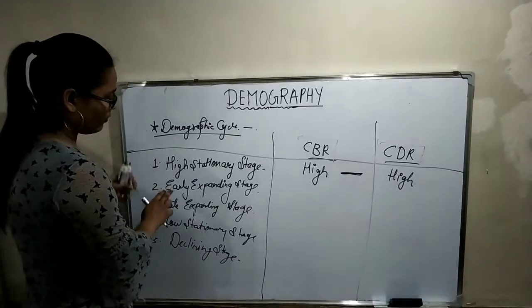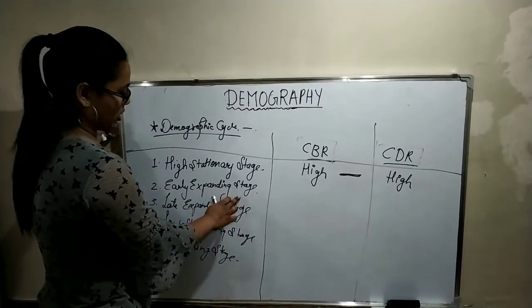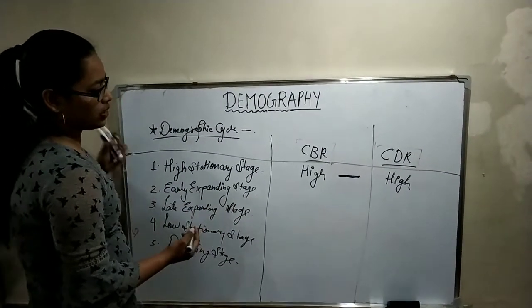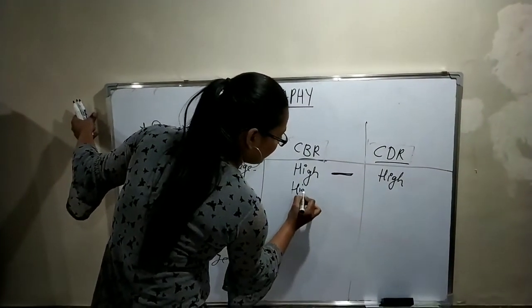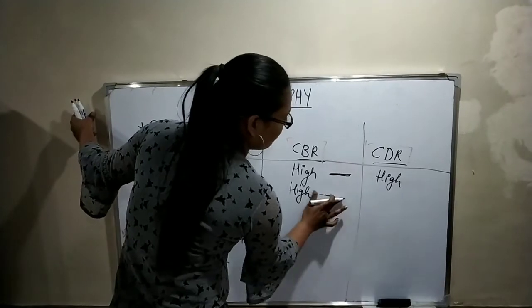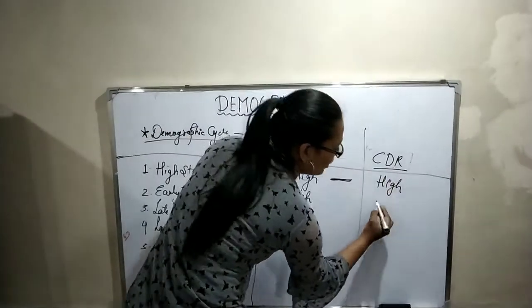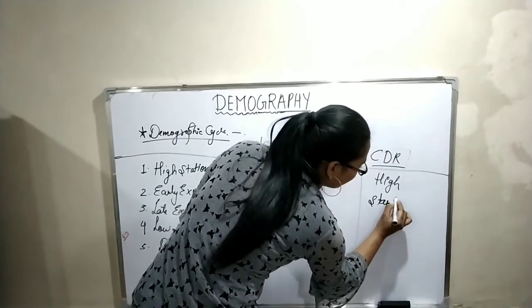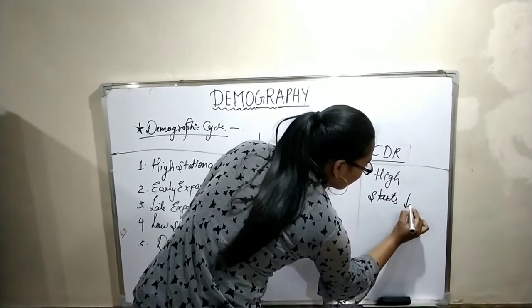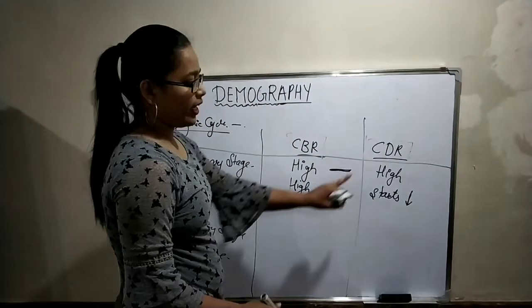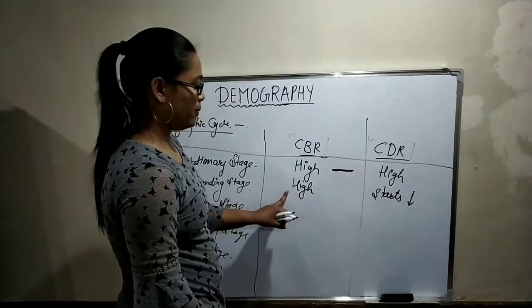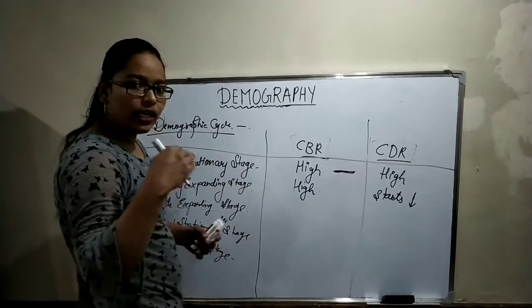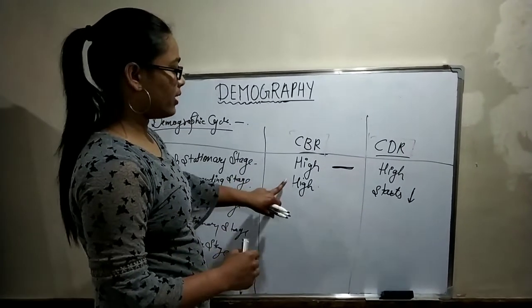Then if we talk about early expanding stage, crude birth rate will be high, but crude death rate starts decreasing. If death rate starts decreasing, there will be an increase in the population.